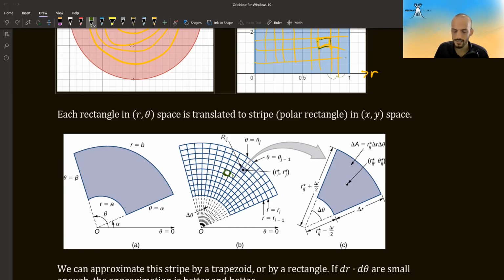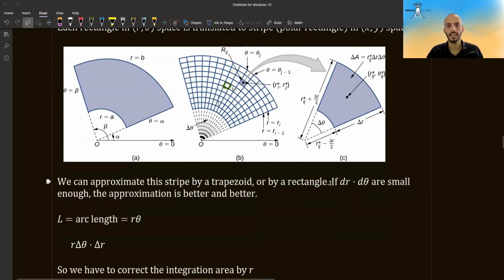But what is this? Well, this thing is actually an arc length, okay? We know that an arc length is equal to r times the angle. So if we have 360 degrees, 2 pi angle, then the entire circumference is equal to r times 2 pi. But if we have smaller angle, let's say theta, then it's just equal to r times theta.